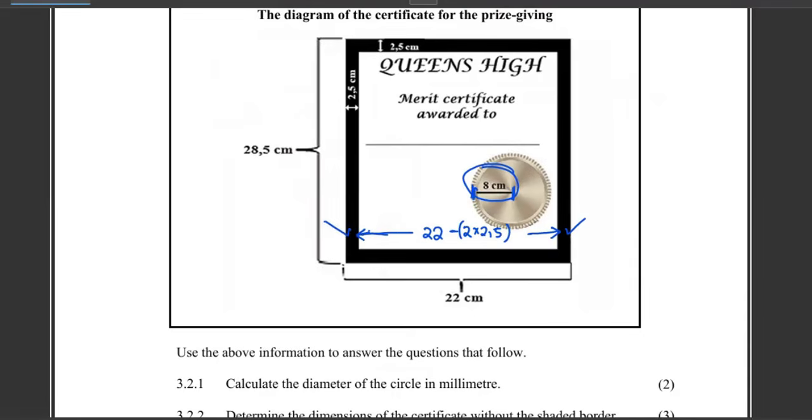So here we end up having 17. Let's do the same for the length. We are going to subtract 28.5 minus 5 also, because this distance here is 2.5, and also this distance is 2.5. We need to remove it. Then we end up having 23.5. I believe you've understood that.